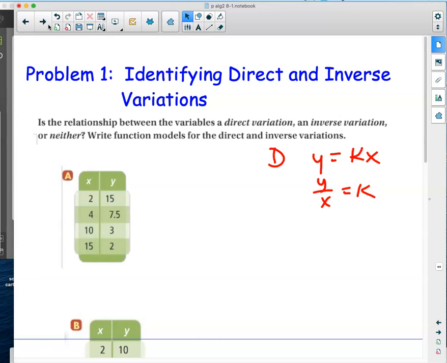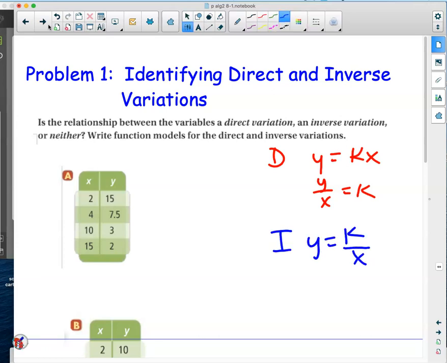And that's the one that is actually the name of this section, inverse variation. Again, I want to see how x and y play with each other. So I'd have to multiply both sides by x. So like I said, this is kind of backwards.